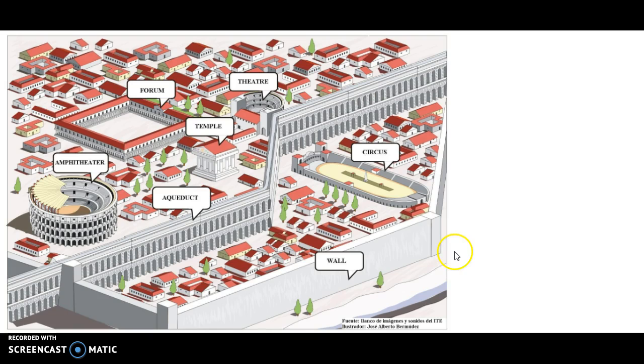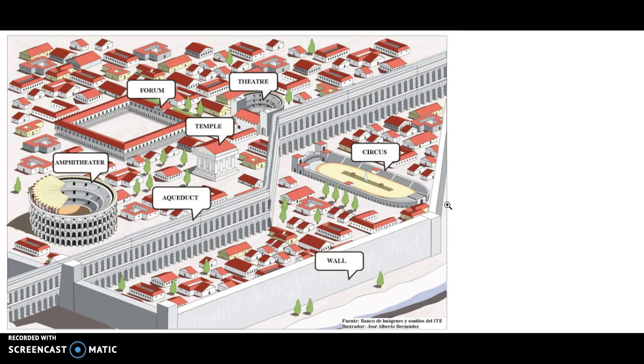Besides those buildings, there are lots and lots of other kinds of buildings, like the circus, the gymnasium, the public baths, and others that are a bit less important, but were key in the architecture of ancient Rome.